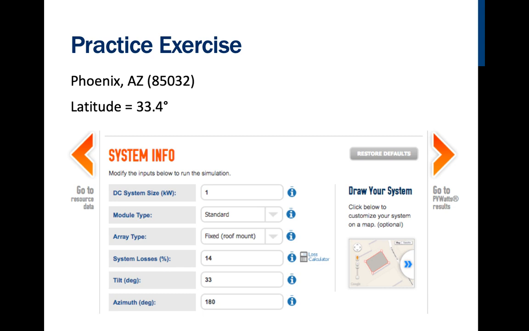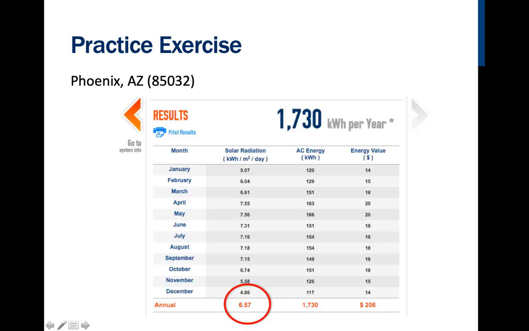Tilt angle, let's just leave it at 33 degrees, and I would reckon that that is latitude. And then azimuth of 180 degrees south. Click go. This is what 1 kilowatt of PV will do in this environment at that azimuth, at that tilt angle.